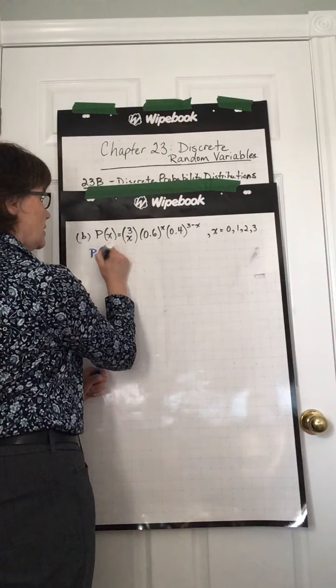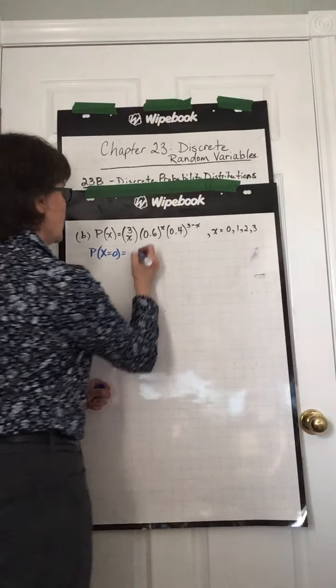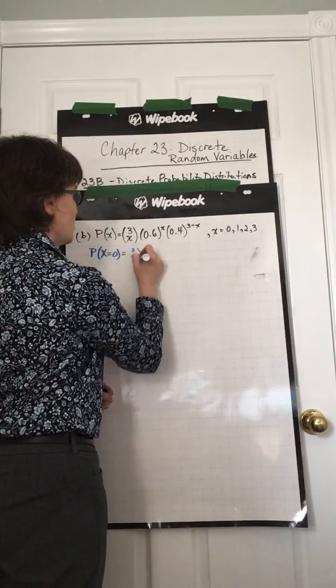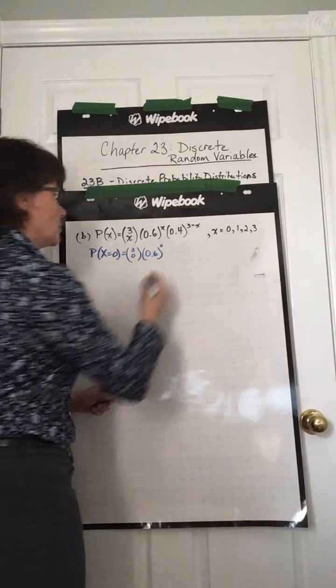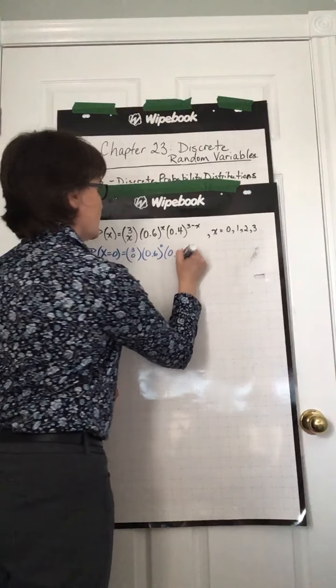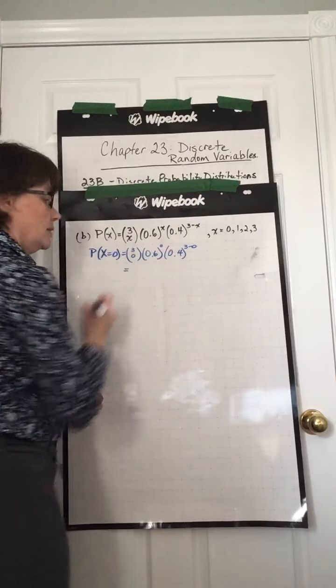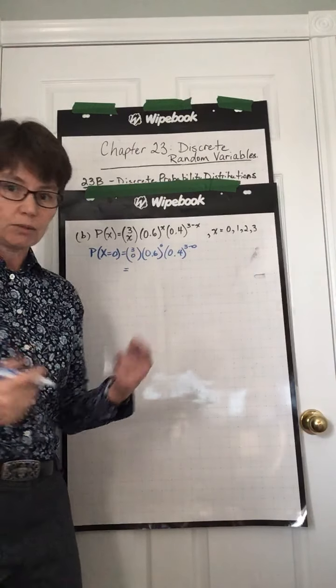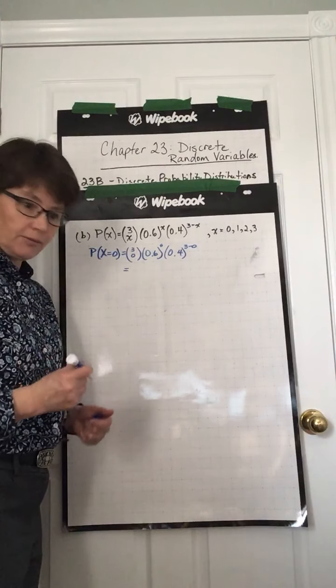The probability that x is 0. Fill in 0 wherever there's an x in the function. So 3 choose 0, 0.6 to the power of 0, 0.4 to the power of 3 minus 0. Anything choose 0 is 1. You can check it on your calculator or draw Pascal's triangle if you want to remember.